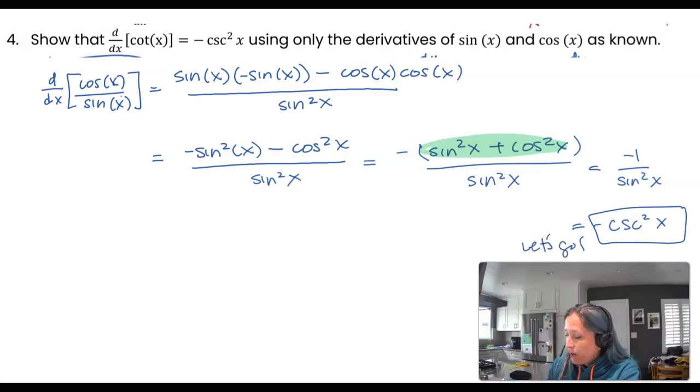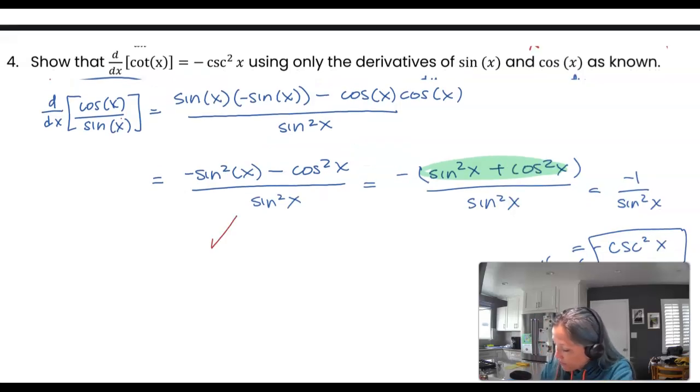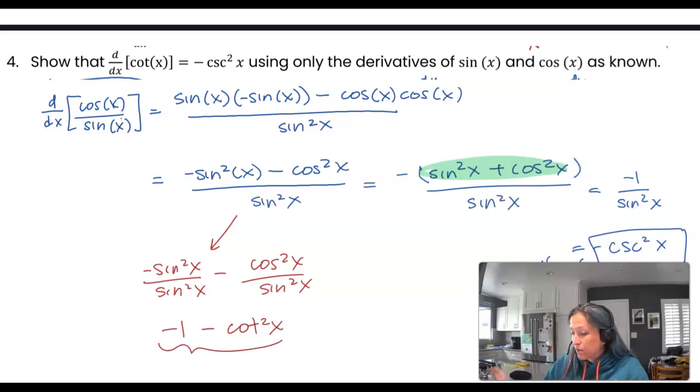You could have also taken an alternate version here. We could have split this into two separate fractions. This is negative sine squared x over sine squared x minus cosine squared x over sine squared x. That's a negative 1 minus cotangent squared x. Then I'm sure there's some Pythagorean identity, right?